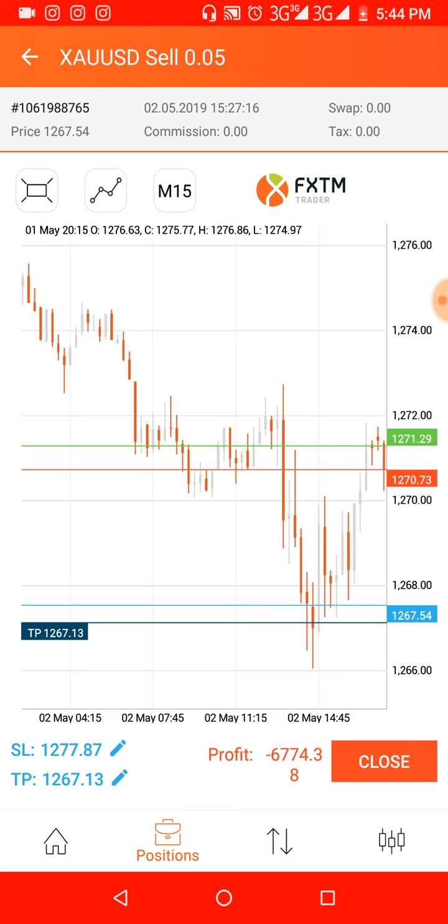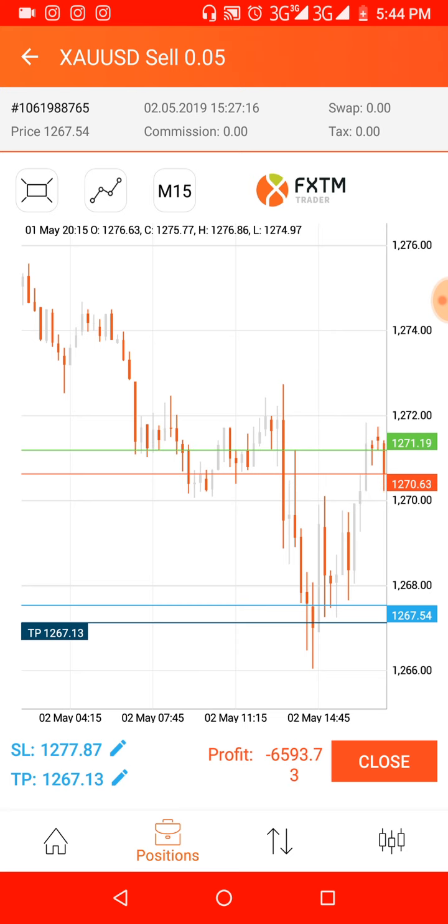Now, if any of the lines touches the TP line, the market automatically closes, taking my profit. Yes, if the green line hits the TP line, it will automatically close the trade and take the profit.